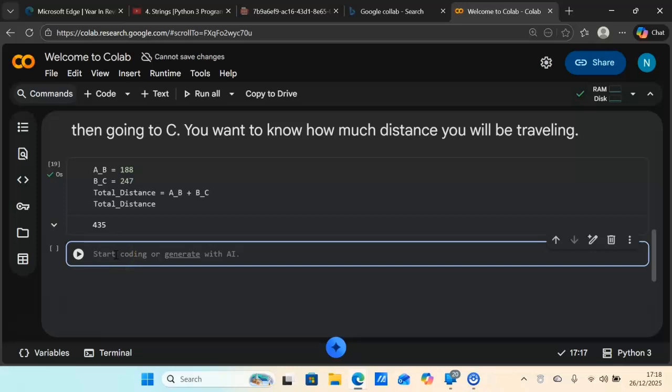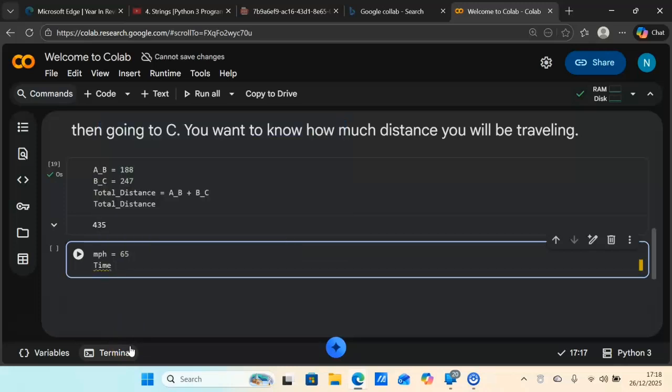So first, what we will need is the constant speed you are using, which is mph. So let's say your mph is 65. So now we're trying to calculate time.